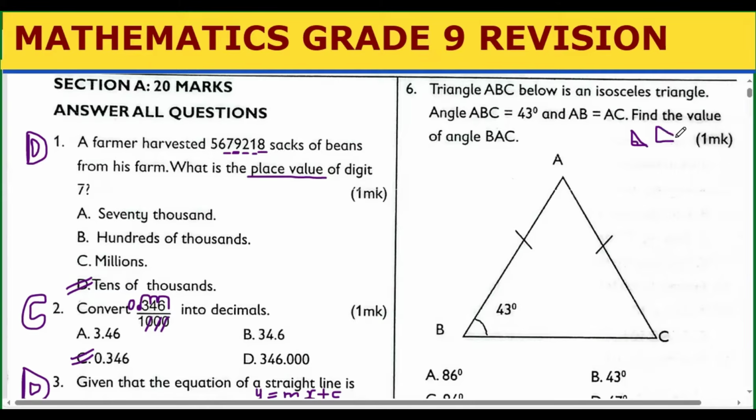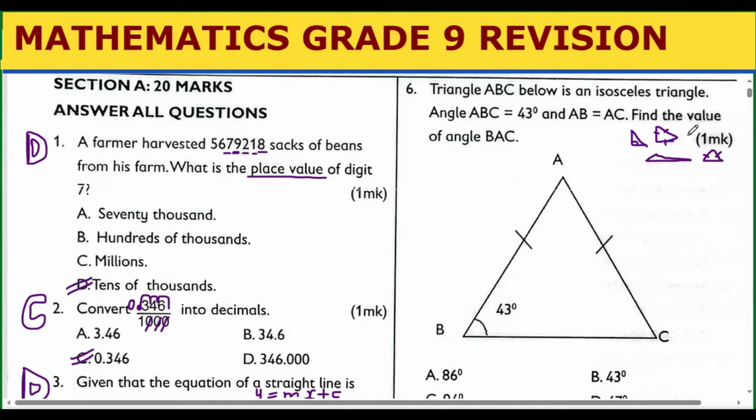It is 60, 60, 60. Then we have the other one, which is scalene. In scalene, none of the sides is equal to another. Then we have this one, which has 2 sides which are equal. It is called the isosceles triangle.